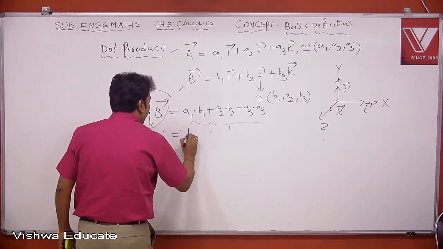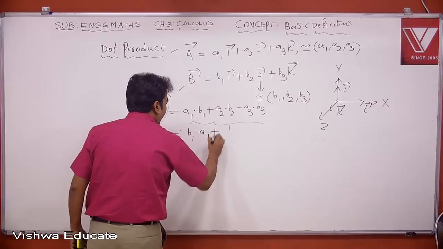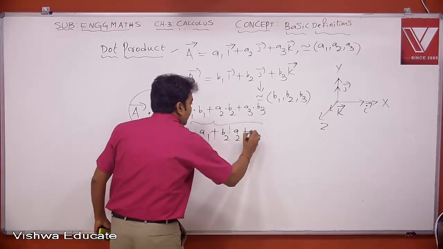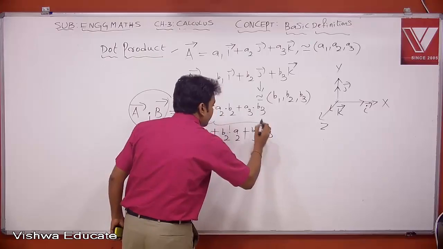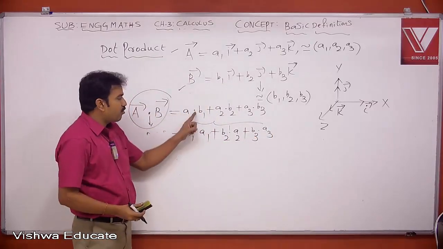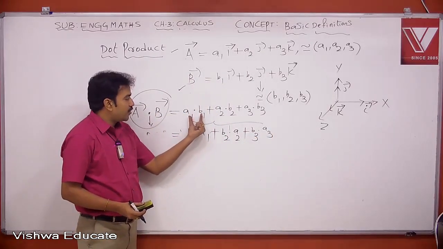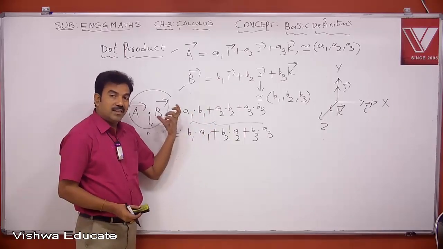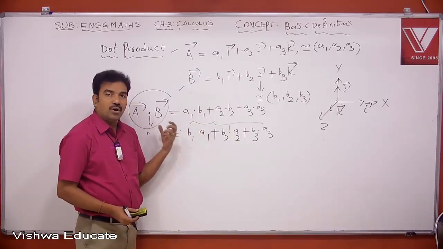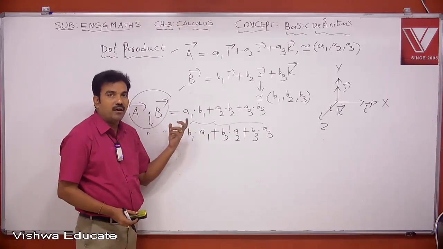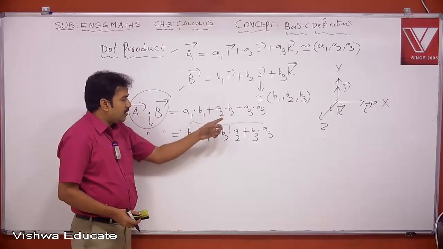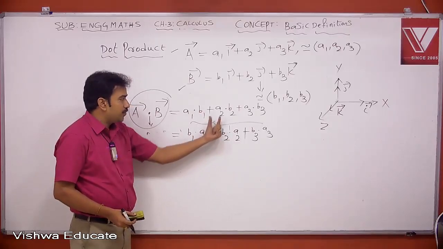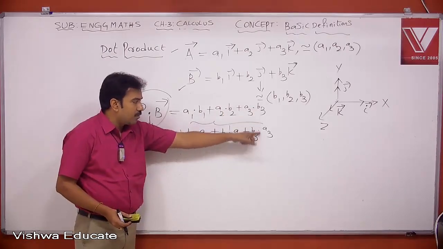Here this A1 dot B1 is also same as B1 dot A1, A2 dot B2 is same as B2 dot A2, and A3 dot B3 is same as B3 dot A3, because this is normal multiplication. These components A1, A2, A3, B1, B2, B3 can be real numbers or functions of x, y or z, but they are purely scalar quantities.